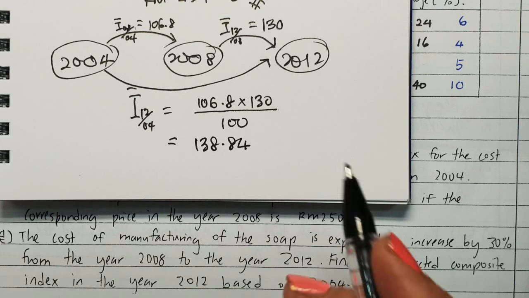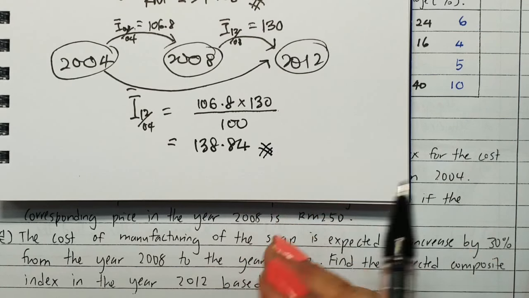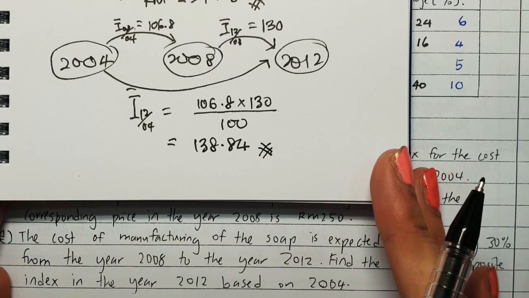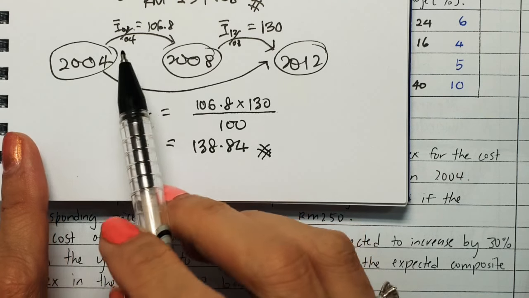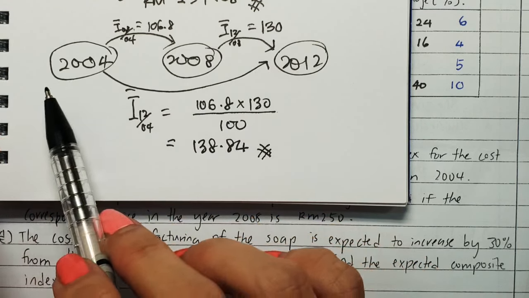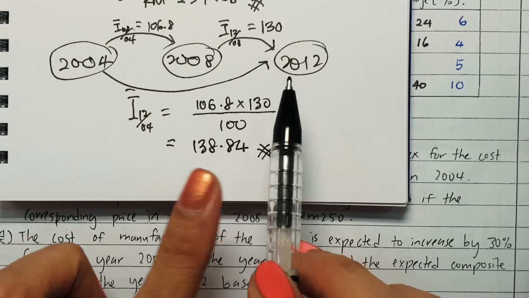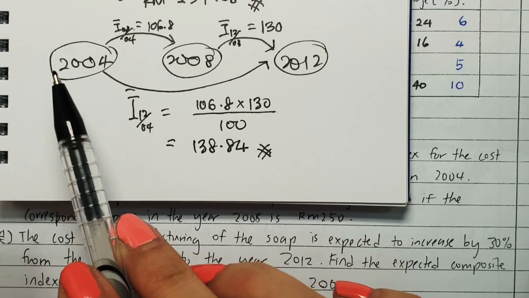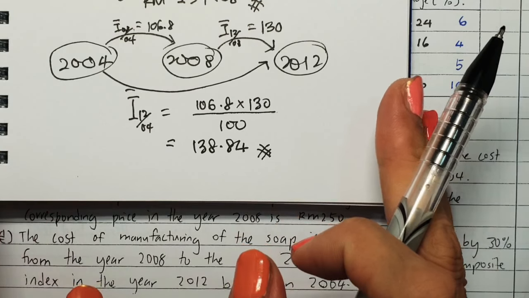Okay, that's it. Normally, this is what they will ask in part D, the one that involves the composite index from one year to another year, where you take the new year and compare it to the original year. So this will be the formula.